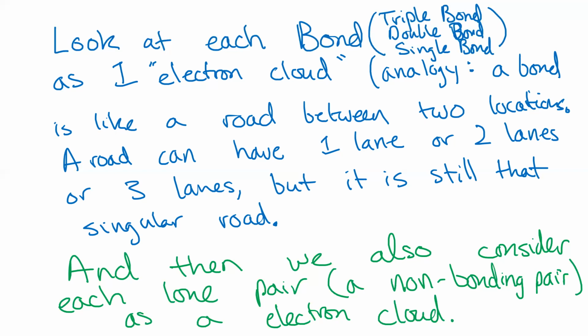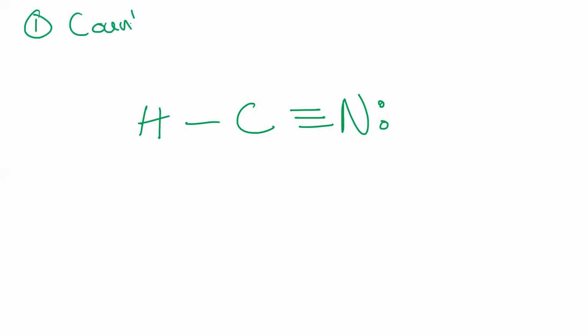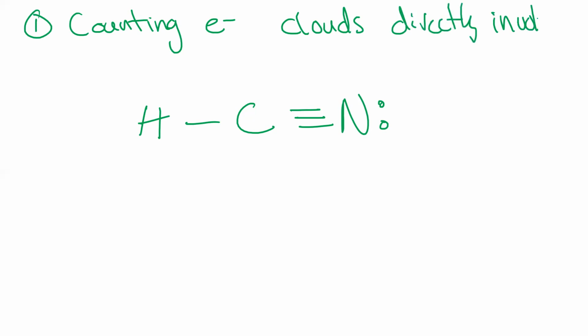I was going to say, looking back at the example that you provided, so this would have 5 electron clouds? I'm glad you asked. So HCN, first of all, start by just counting electron clouds directly involving your central atom.